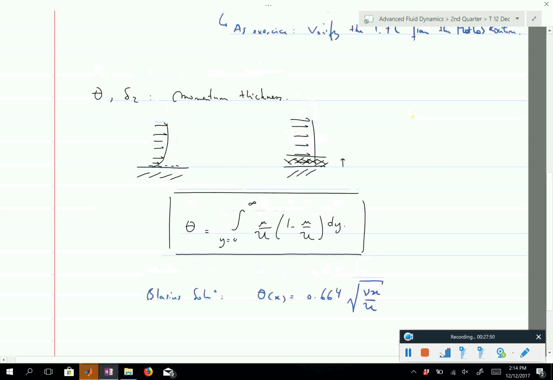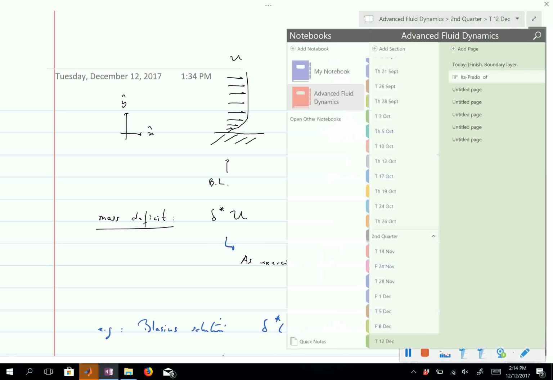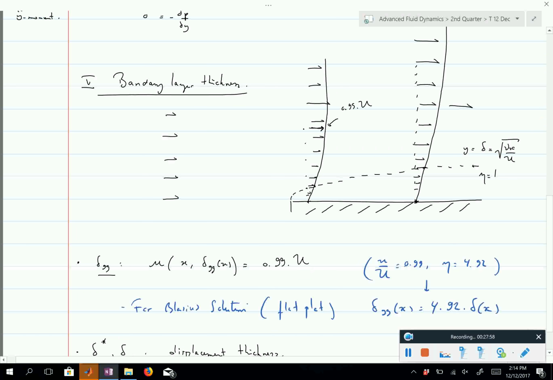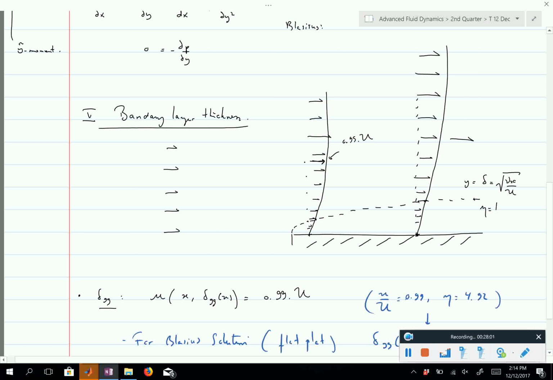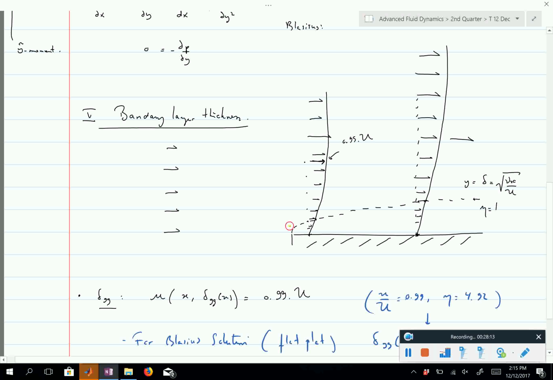So if I'm going back to my original plot, depending on really what you're characterizing in your flow, you define different boundary layer thicknesses, right? The one I plotted here is just our typical scaling for the boundary layer. Now, delta 99 would be roughly here.